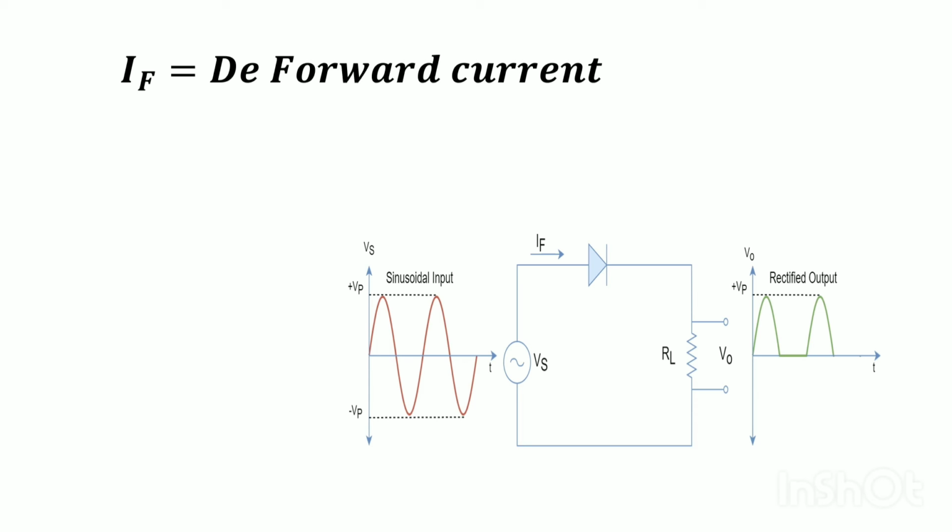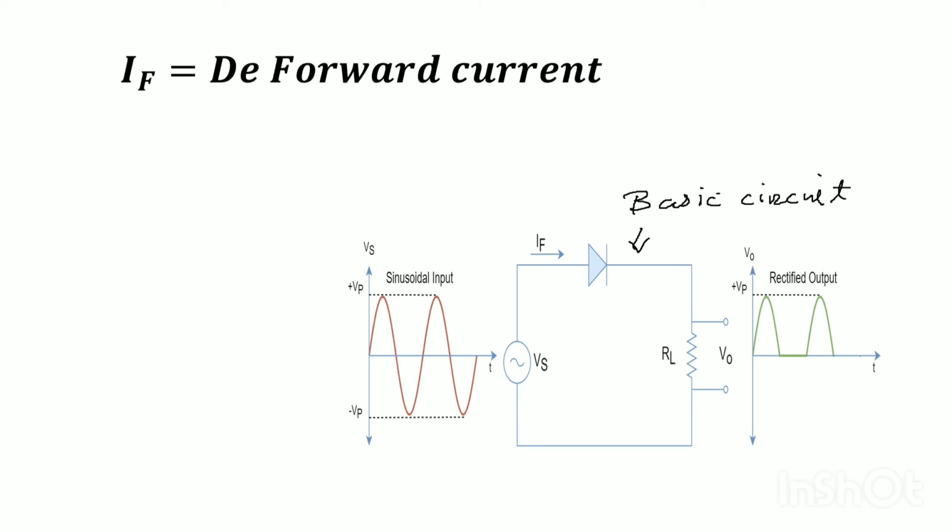You see the diode forward current. You see the information carrying signal that is superimposed onto the carrier signal during the process of modulation. Okay, you see the diagram. So there are the three message signals, the modulating signal, also known as the message signal.